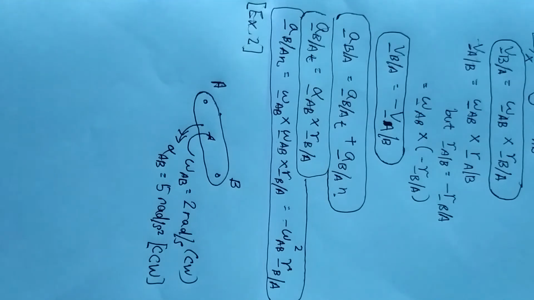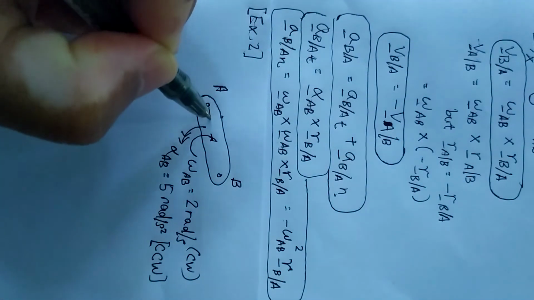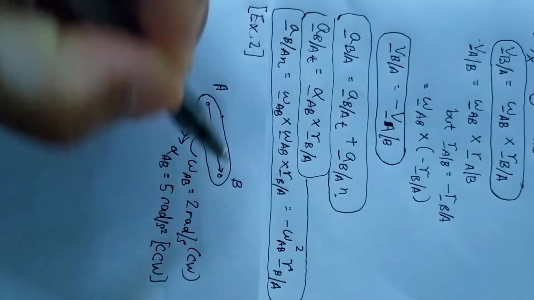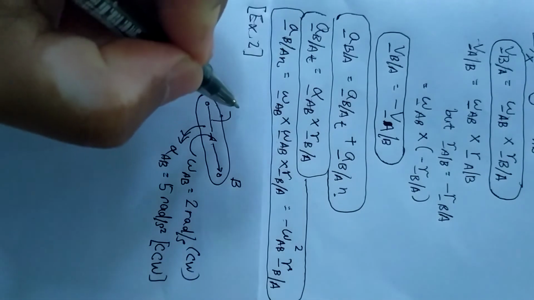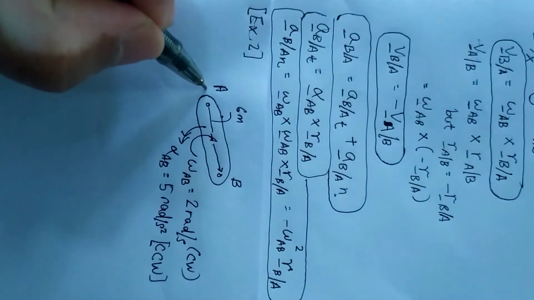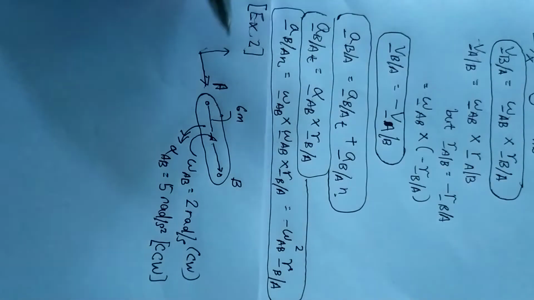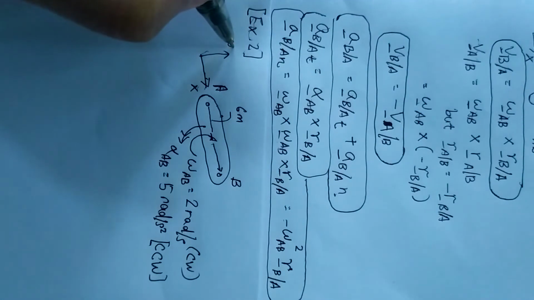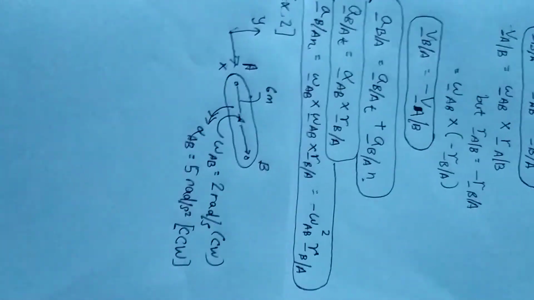Let's say that the distance between A and B is 6 meters. We will set up a coordinate system which is parallel to AB, and let's say this is X and this is Y. For the time being, we don't really care where the coordinate system is.